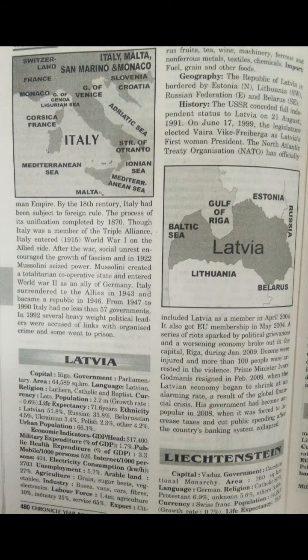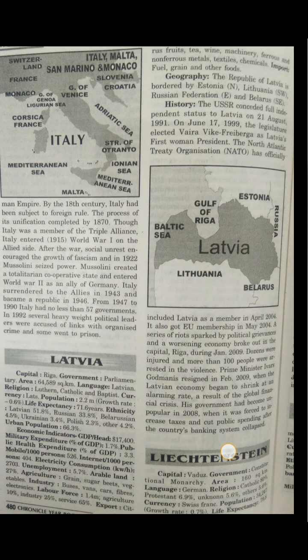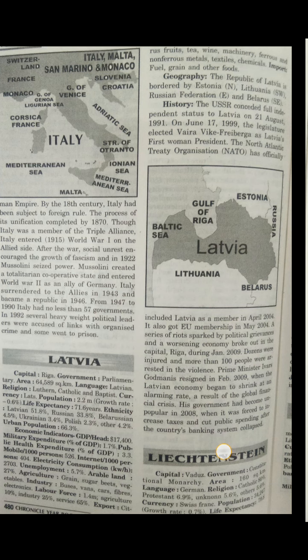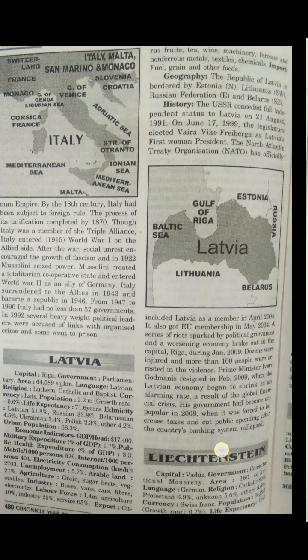A series of riots sparked by political grievances and a worsening economy broke out in the capital Riga during Jan 2009. Dozens were injured and more than 100 people were arrested in the violence.